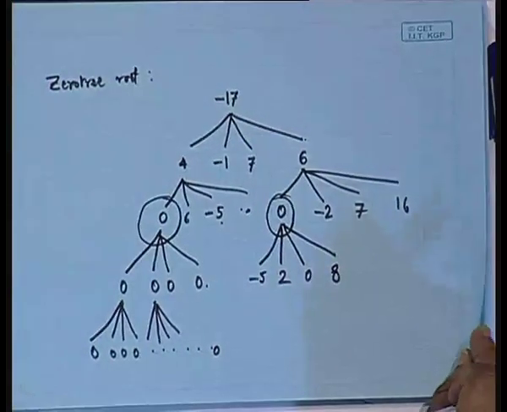Now, how is the significance decided? The significance is essentially decided by comparing the magnitude of the coefficient. The coefficient could be positive or negative, because you know that in the process of wavelet filtering, we are using the scaling filter, we are using the wavelet filter, and the values could be positive or negative. Because the values could be both positive and negative, it is a good practice to compare with the magnitude.